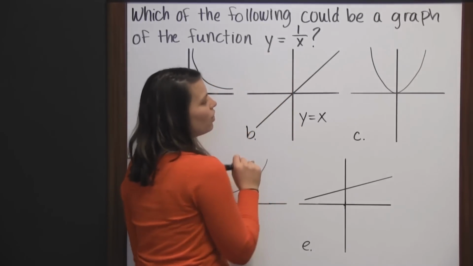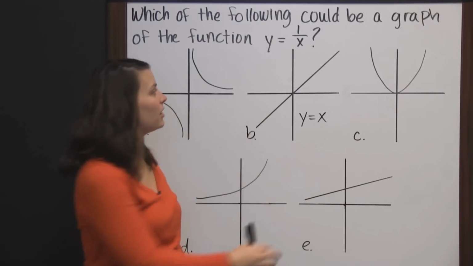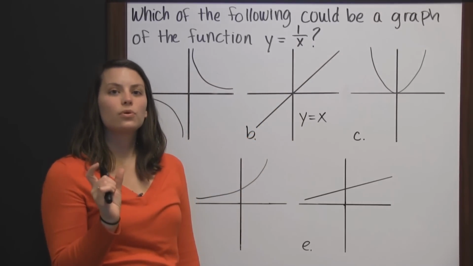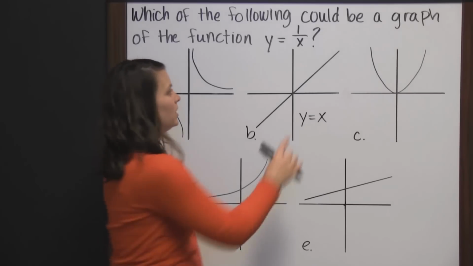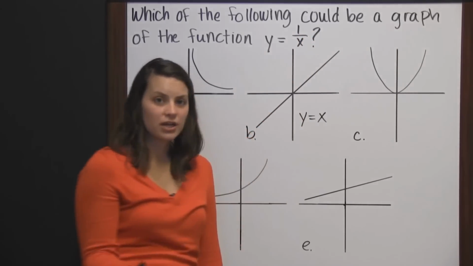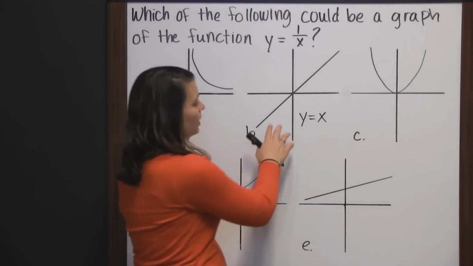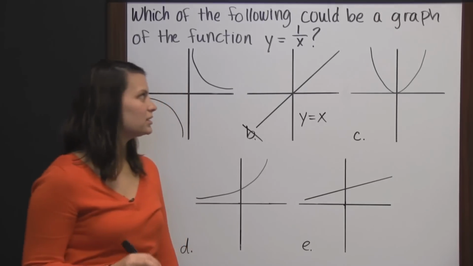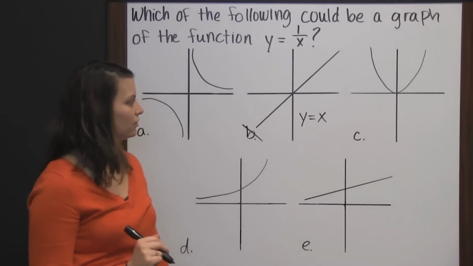So not y equals 1 divided by x. By the way, this is called a rational function. The root ratio means a comparison of two numbers, or a fraction, and B is not the graph of a rational function. It's the graph of a linear function.